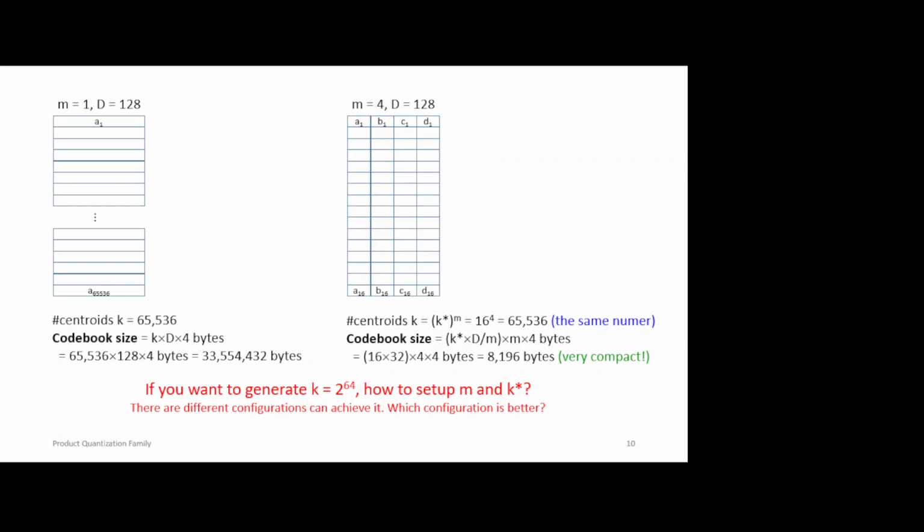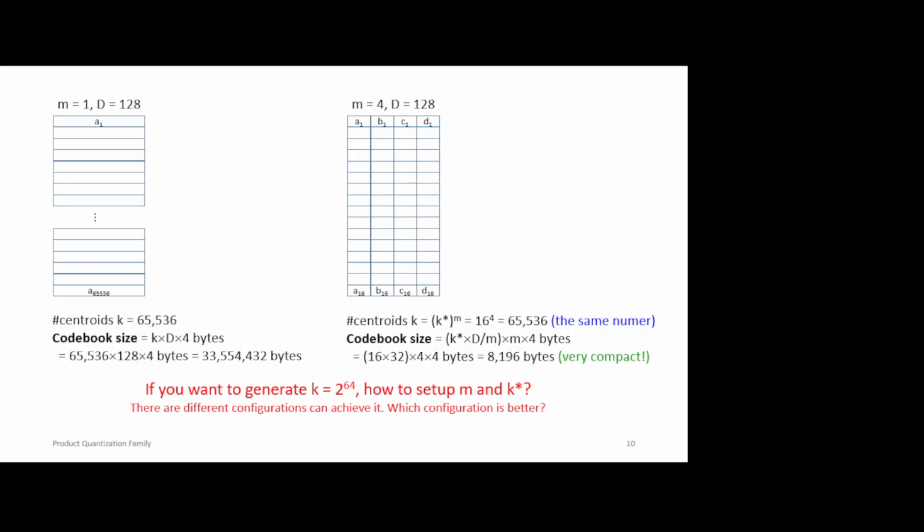Compare with this. We all have the same number of centroids, right? But the code size stored in memory is 33 megabytes. It's only 8K bytes.